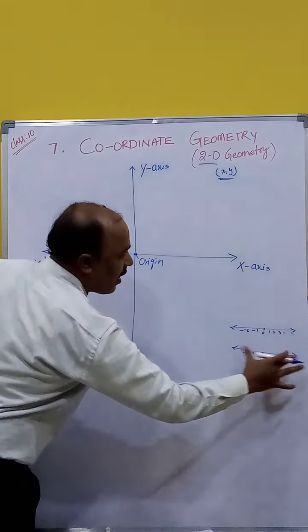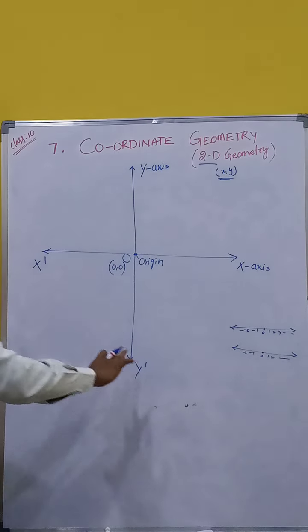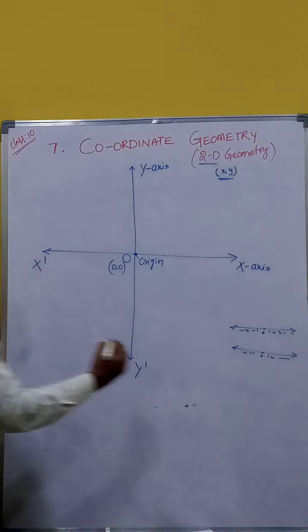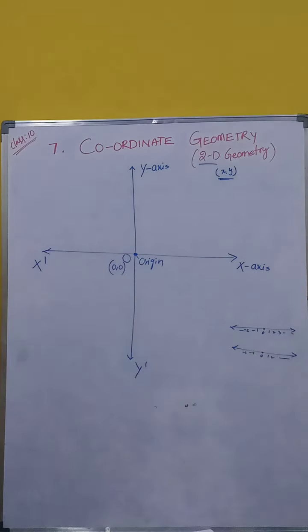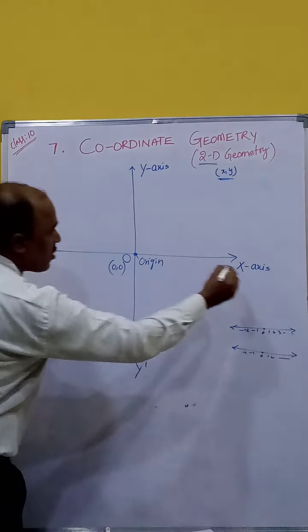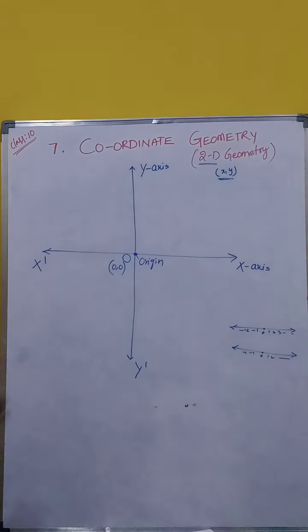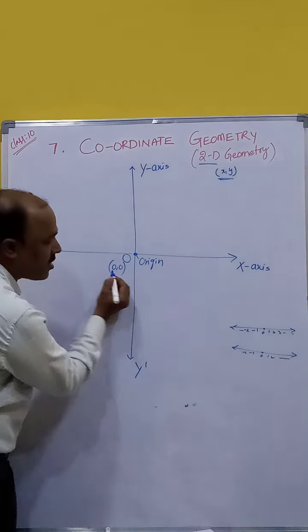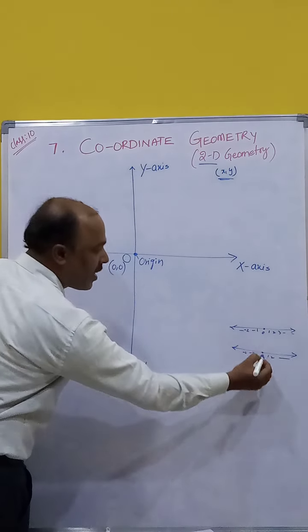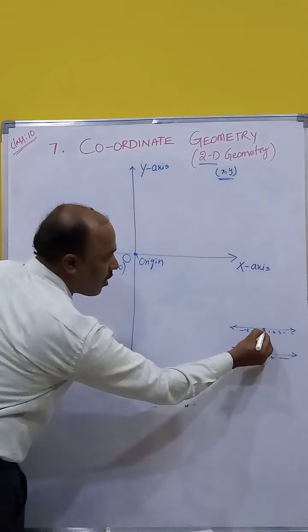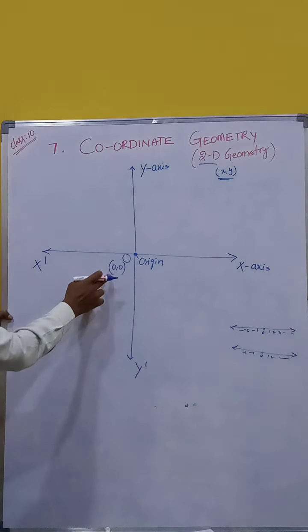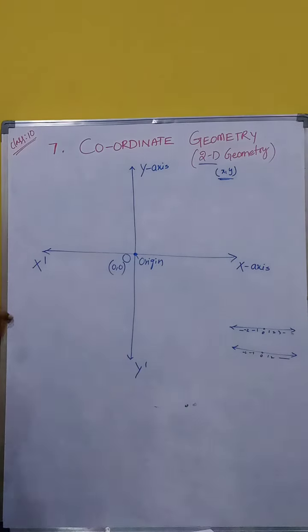The horizontal line is the x-axis and the vertical line is the y-axis. The number lines intersect at one place, that is the origin. The x value is 0 and the y value is also 0.